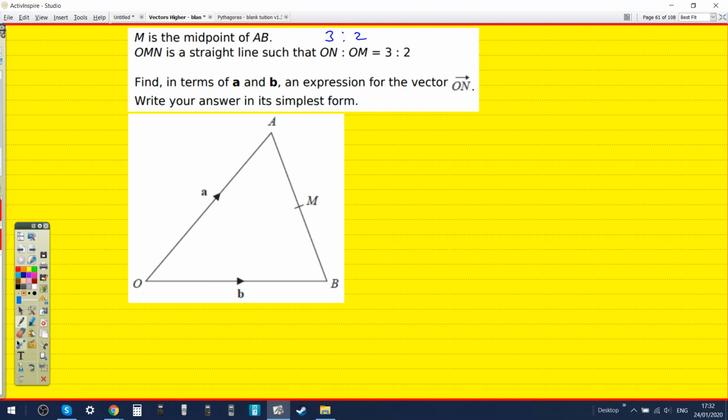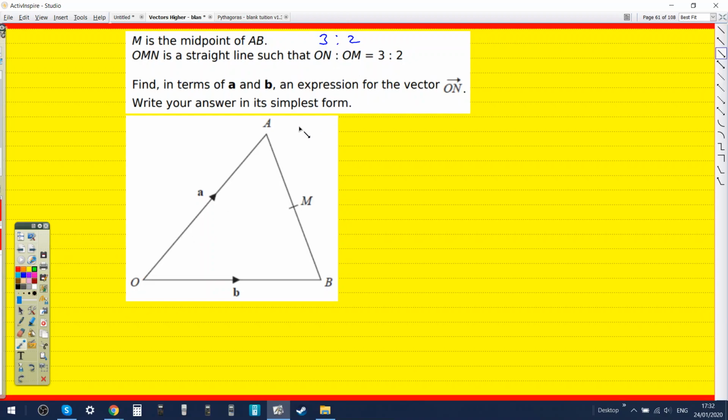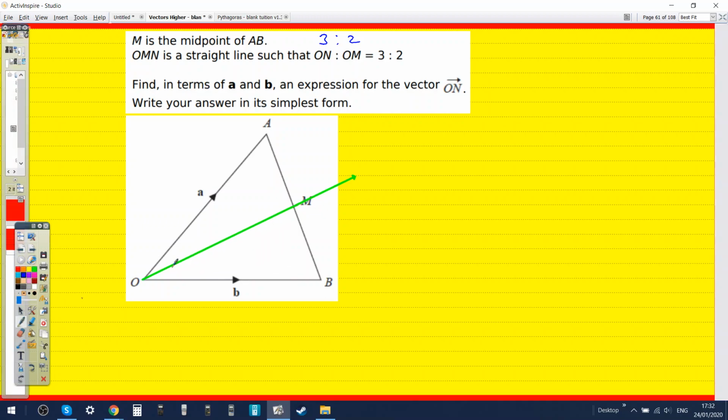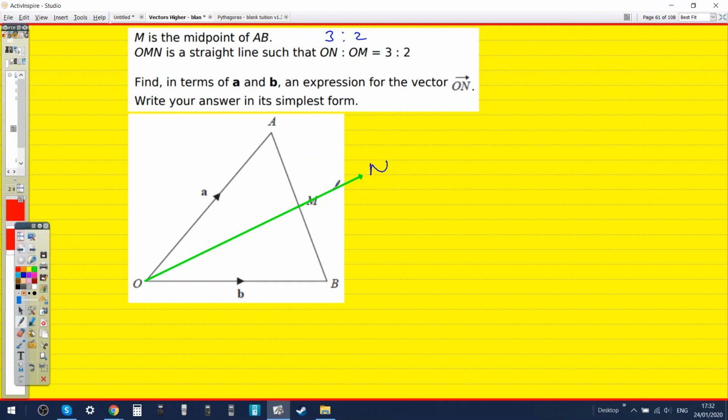Yeah. O to N is longer than O to M. So that there is O to M. So O to N would be like that. So that's N there. So O to N, the total is 3. O to M is 2. So what would this part be? 1. Yes.